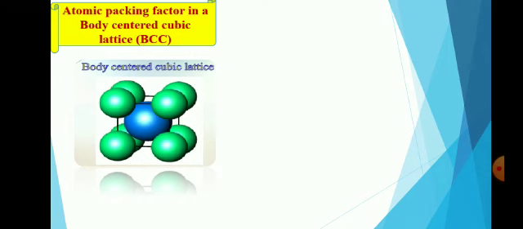The 8 corners present on the unit cell are occupied by 8 atoms or spheres, along with 1 atom present in the center of the cubic lattice, therefore called the body centered cubic lattice.